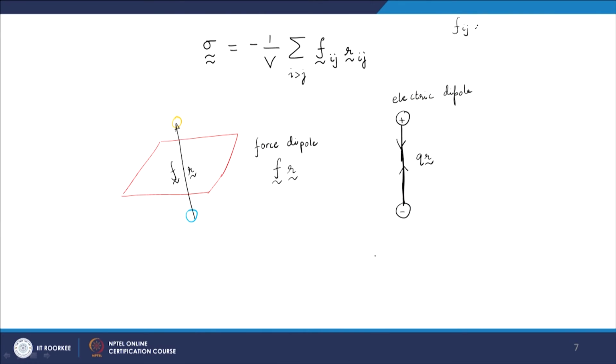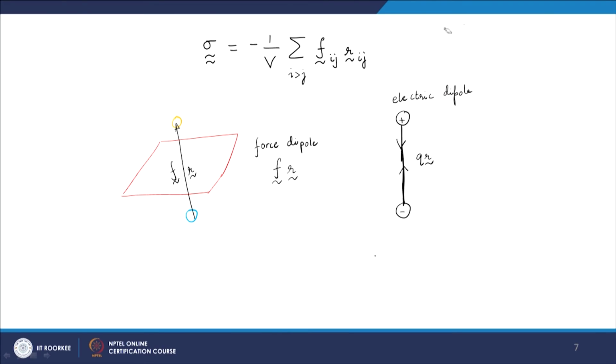If I had written it like this, it may give an impression that it is like a dot product or something of that sort, but I want to remind you that this is not really an Einstein notation at work here. This ij is because of the force acting between particle i and particle j, and we are summing over all possible pairs of particles i and j in the system.